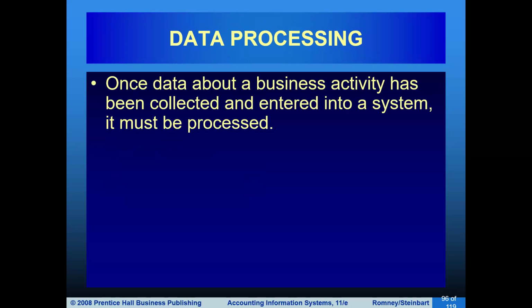Once data about a business activity has been collected and entered into a system, it must be processed. Process means once data about business activity has been collected and entered as an input. You collected, then as an input you enter to the system. It must be processed.